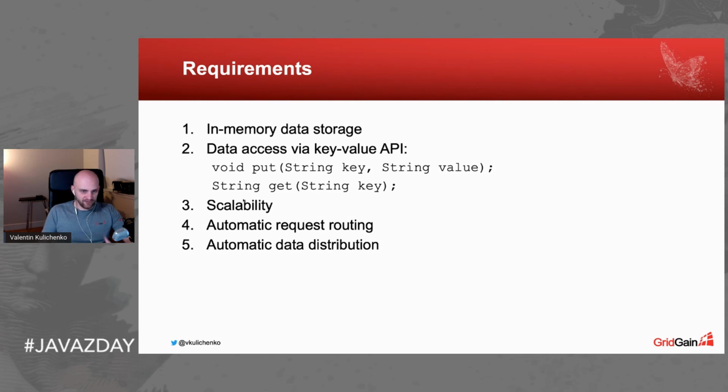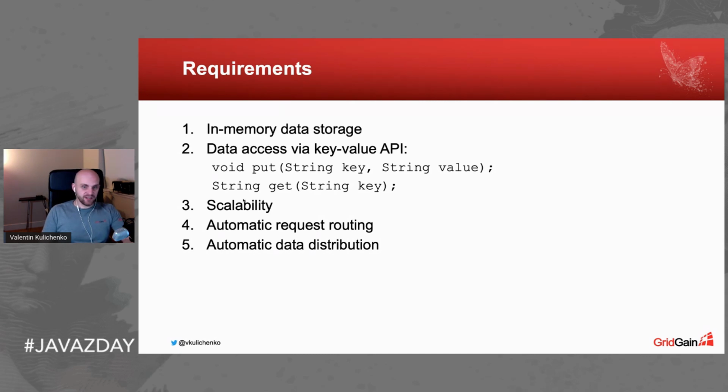So if you have an application that creates 1,000 TPS, for example, 1,000 operations per second, we want 500 of them to be routed to the first computer and 500 of them to the second computer. That's on a two-computer cluster, a two-computer database. And that needs to happen automatically by the system itself. Again, the application doesn't know about that. The application only invokes public API methods, and then requests are automatically routed to different computers in the system.